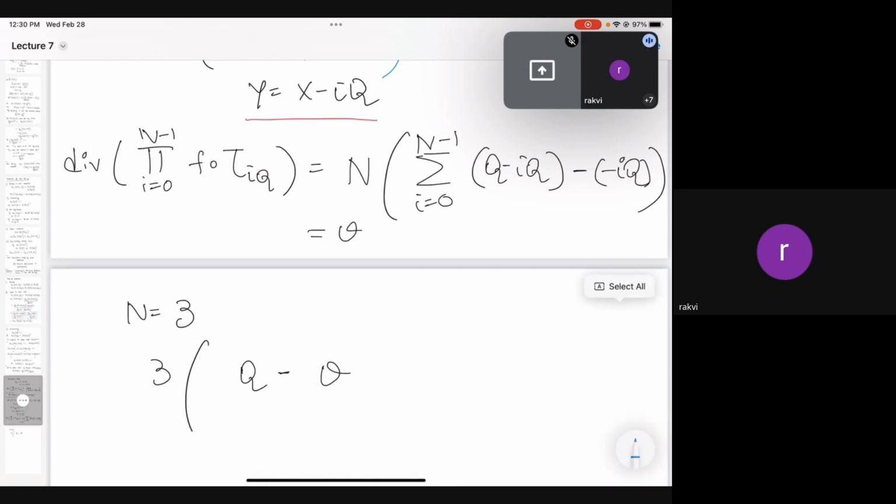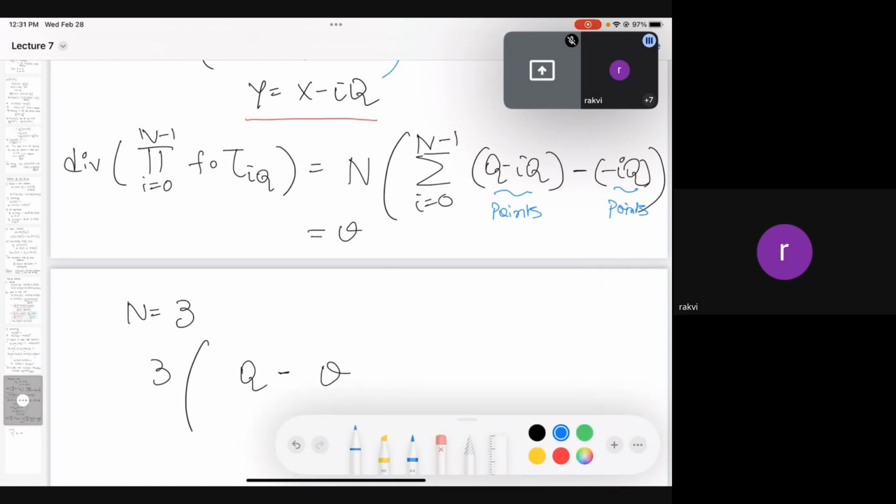just again to clarify, inside the parentheses, these are the points. So when I say minus i times q, I'm basically thinking of adding and then taking additive inverses. And then these plus and minus 1, these are the coefficients in my divisor.